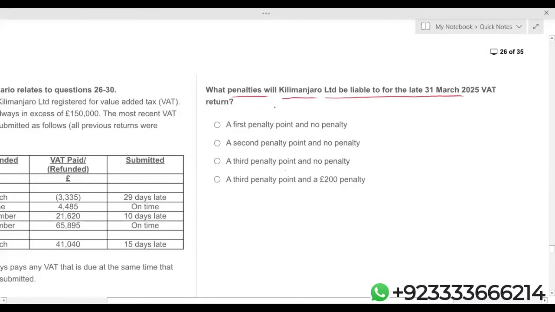Student, if you recall, logically what happens? One penalty point is incurred each time you submit the quarterly return late. And when do we pay the penalty of 200 pounds? Actually, the penalty of 200 pounds is paid when there are 4 penalty points. You will not be paying the 200 penalty until you reach 4 penalty points.